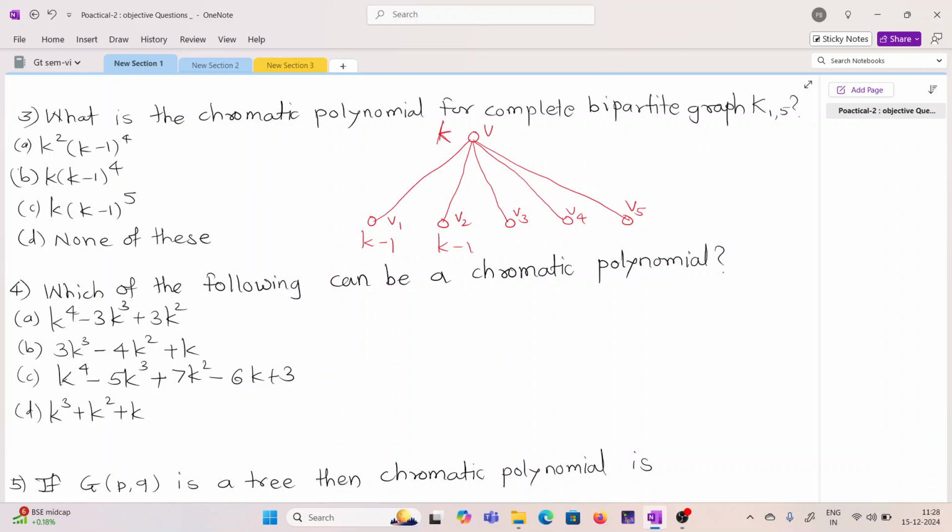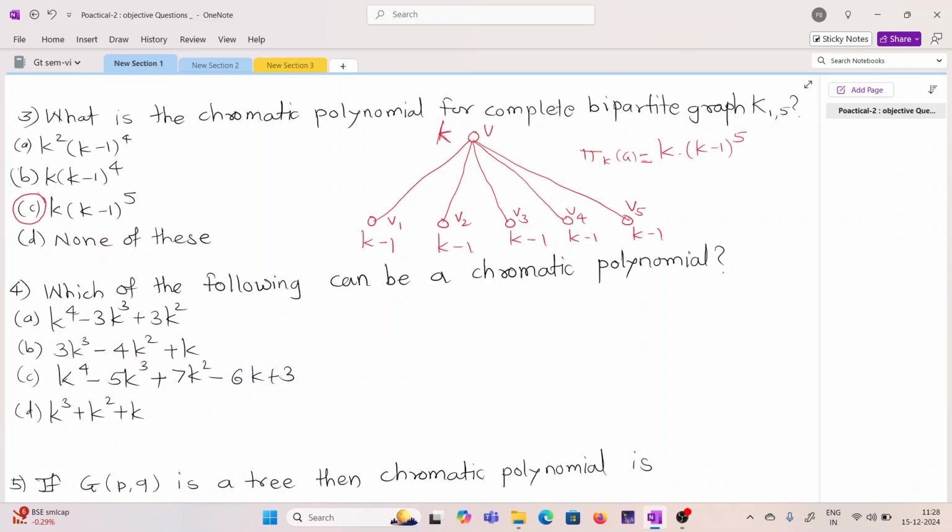So V2 also has K minus 1 choices, V3 also has K minus 1 choices, similarly V4 and V5 have K minus 1 choices. So if we multiply all this, then the chromatic polynomial is K into K minus 1 raised to 5. So option C is the correct option.